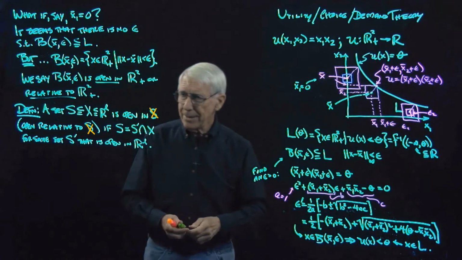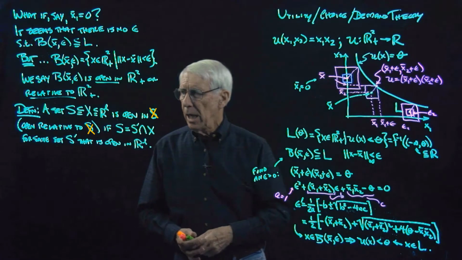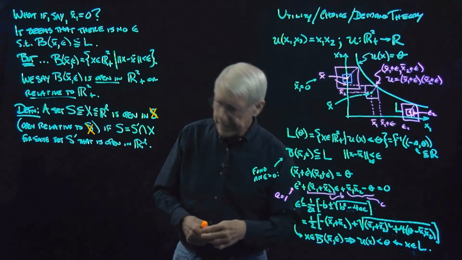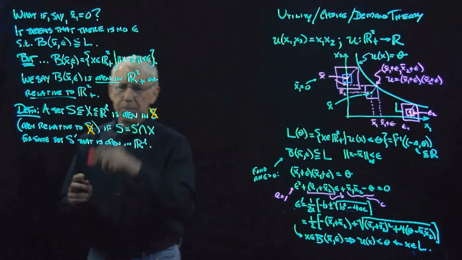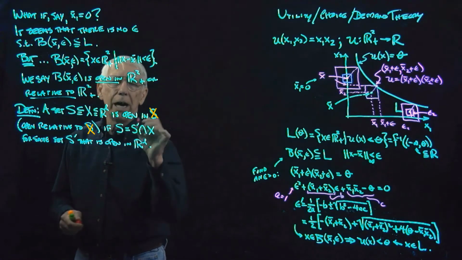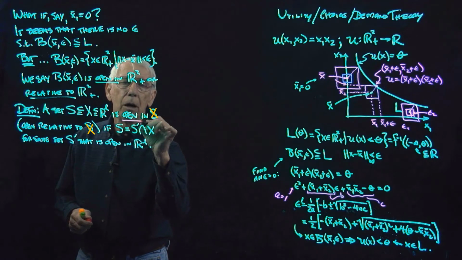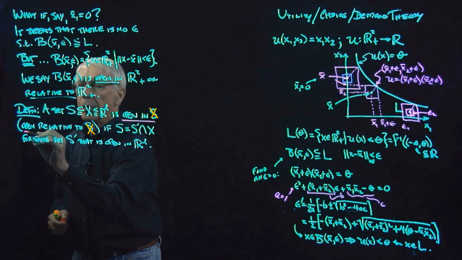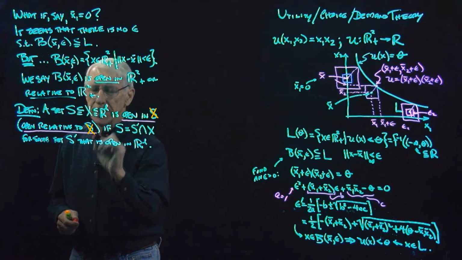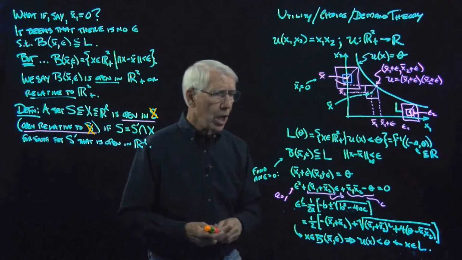Okay, so that might be a little obscure here, and actually let me underline these as I did up here, because this is a definition. So we're defining the term open in X or open relative to X. It's a definition.